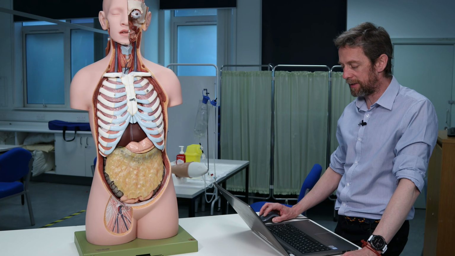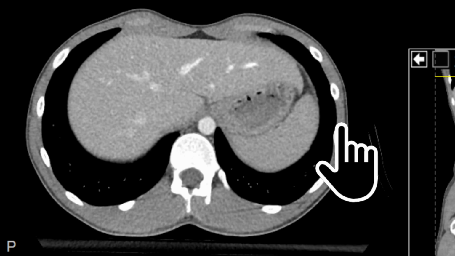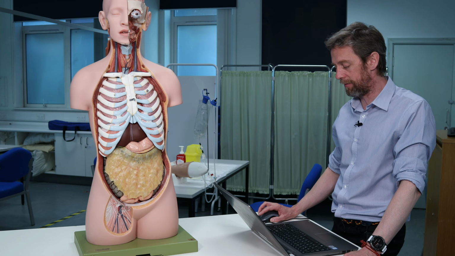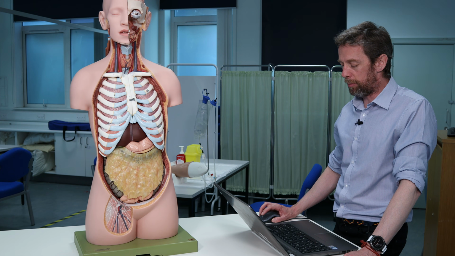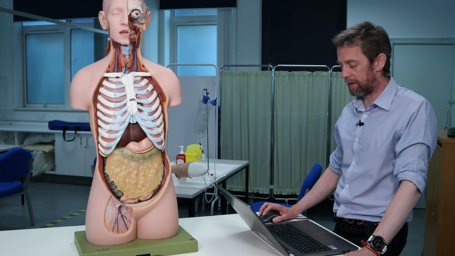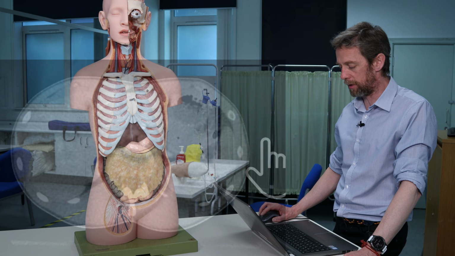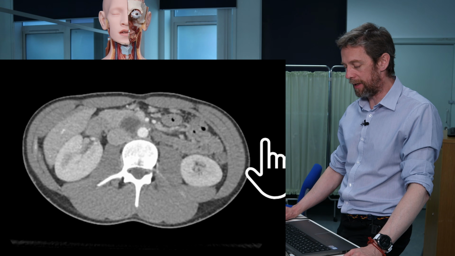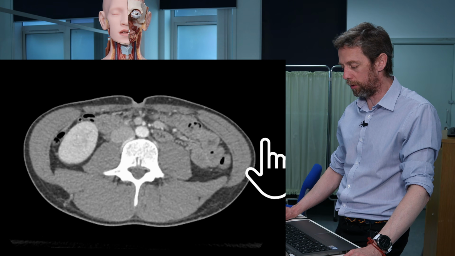And then we see black spaces like this. These are the lungs. So black indicates radio transparent. It's air. X-rays can pass through that very easily. And you'll probably get an idea now that we've got some brighter spots, some darker spaces. Our job then as we scroll down here is to try to work out what all of these things are.